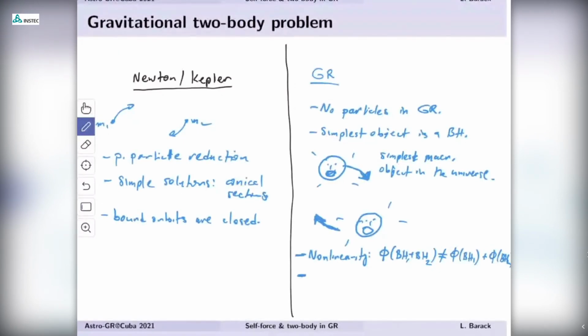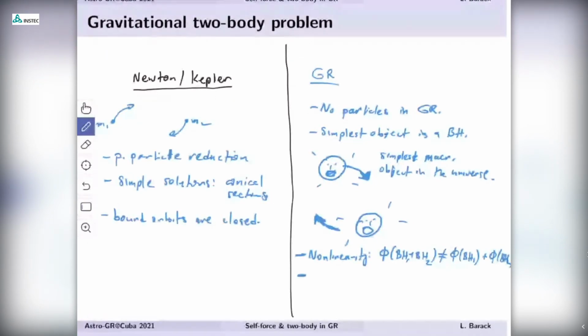I think you're jumping forward and backward at the same time. If I understand correctly, you're asking about the possibility of solving for this system in GR using conservation laws, conservation of momentum and energy.